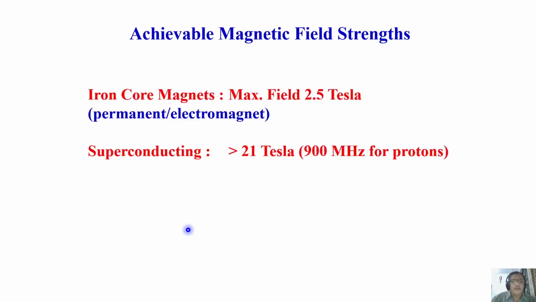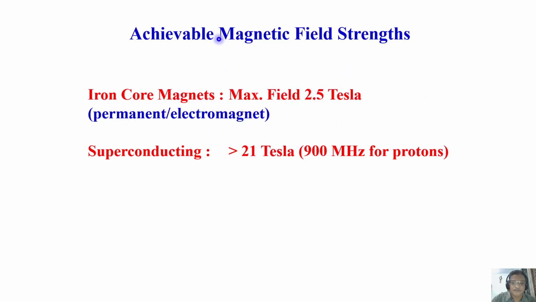So what is the maximum magnetic field that you can achieve in all these cases? Of course, if you have an iron core magnet, the maximum magnetic field that you can achieve is 2.5 Tesla. Remember the unit of magnetic field, I discussed earlier also, 1 Tesla is 10,000 Gauss. So whether it's a permanent magnet or electromagnet, the maximum achievable is 2.5 Tesla.